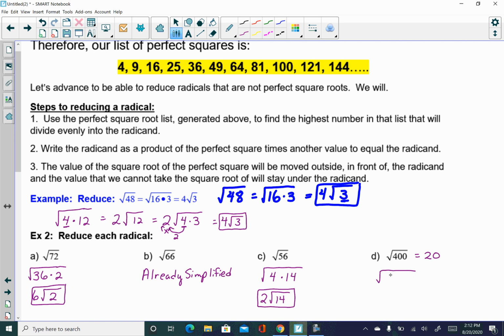Since it's 100, you should recognize that 400 is the same as 100 times 4. Now you'll notice that both of these numbers are perfect squares, so they're both going to come outside of the radical. The square root of 100 is 10. The square root of 4 is 2, and then 10 times 2 will arrive you at 20.